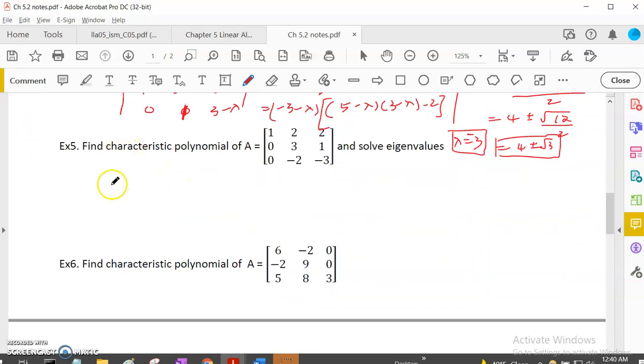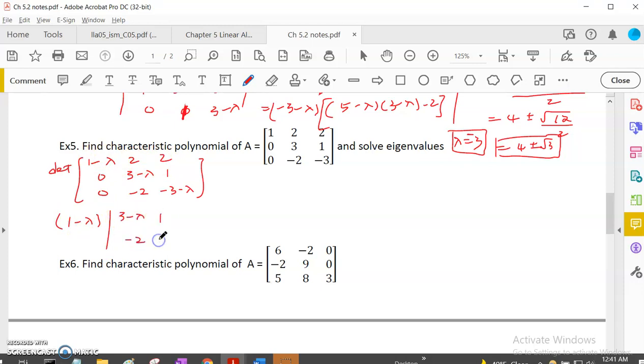One more, 3 by 3. So we say that it's equal to the determinant of 1 minus lambda, 2, 2, 0, 3 minus lambda, 1, 0, negative 2, negative 3 minus lambda. Right. I want to expand from the first column, so 1 minus lambda, delete this row and this column, times 3 minus lambda, 1, negative 2, negative 3 minus lambda.